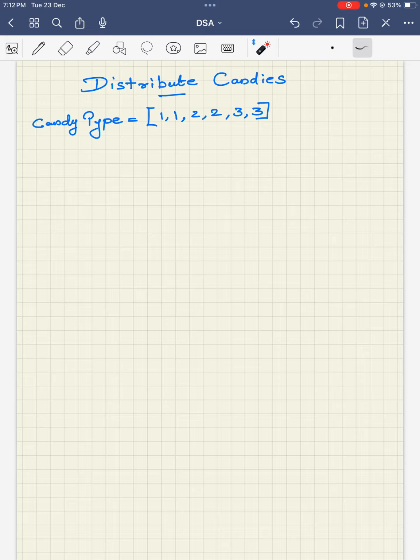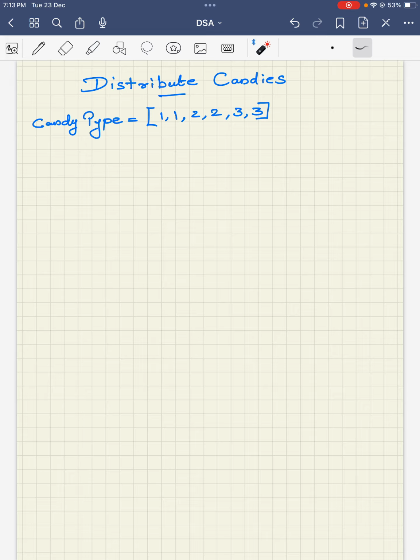What the person who consulted the doctor decided is that it's fine, he or she will have n by 2 candies maximum, but will try to taste as many types of candies as possible.